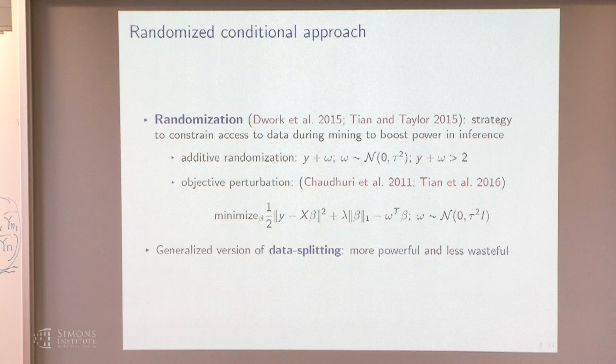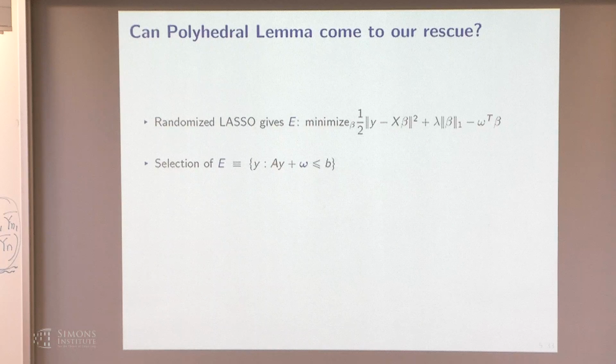Well, we saw Lee et al., which gave us a univariate truncated Gaussian pivot, and it was explicit. There was no asymptotics involved. It was just a finite sample guarantee if you had really Gaussian data. Now the question is, could we have something like the polyhedral lemma coming to our rescue even here?